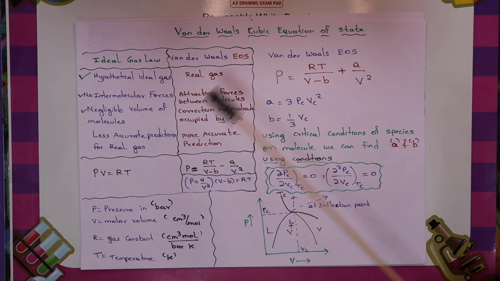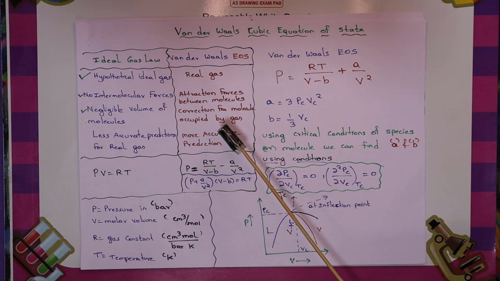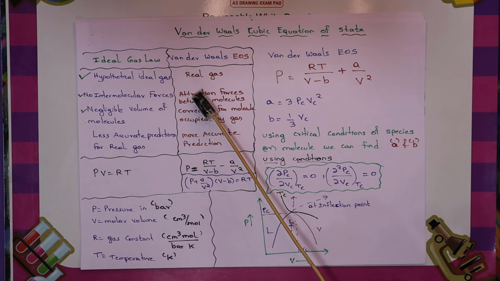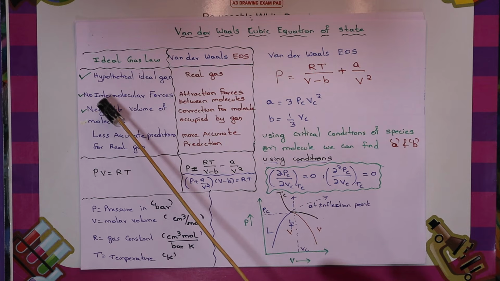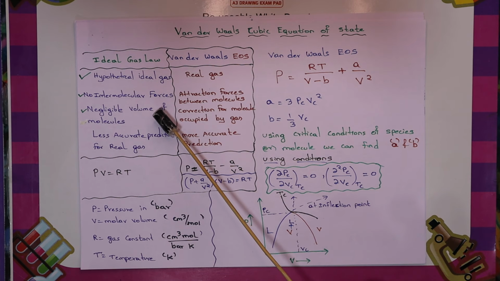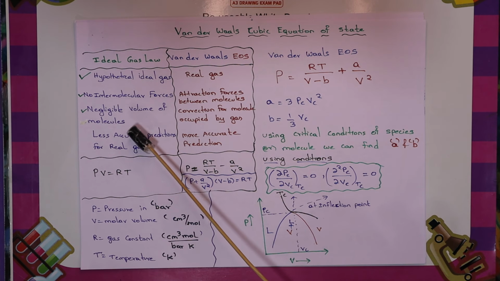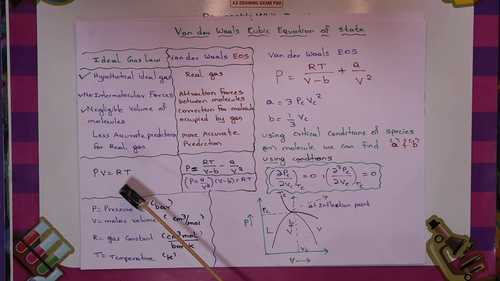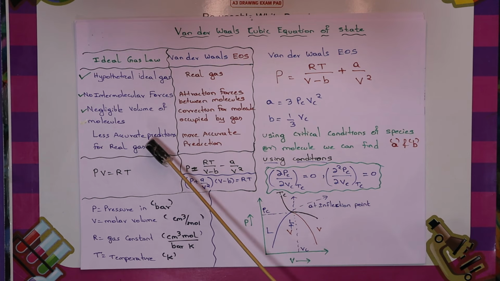Every equation of state comes with some assumptions. The ideal gas assumptions are a hypothetical gas with no intermolecular forces and negligible volume of the molecules compared to the entire container volume. If you use the ideal gas, PV equals RT, for a real gas, you get less accurate predictions.